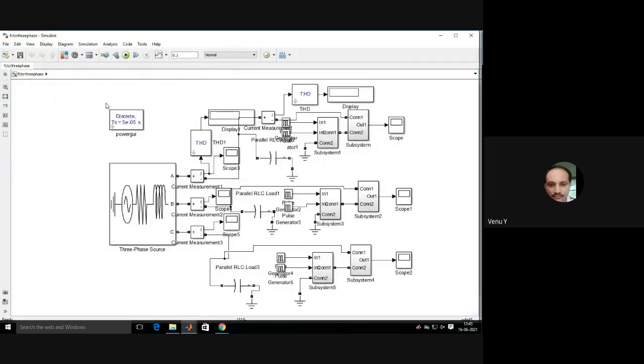Now the FC TCR type SVC, three-phase SVC. The three-phase TCR and the three-phase FC TCR type SVC will both be under one assignment, roll number 4. In the FC TCR type SVC, you have connected the ammeter in the line as well as in the TCR.